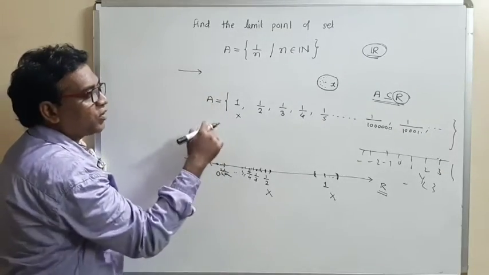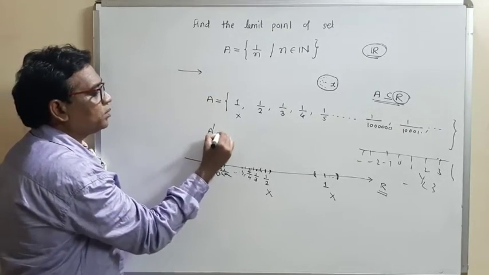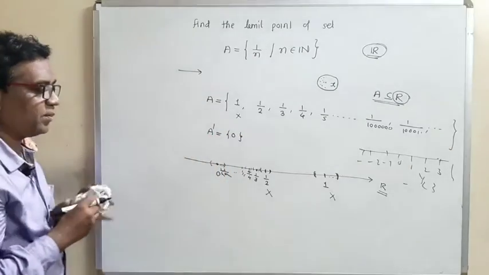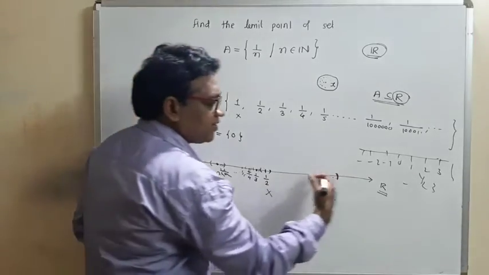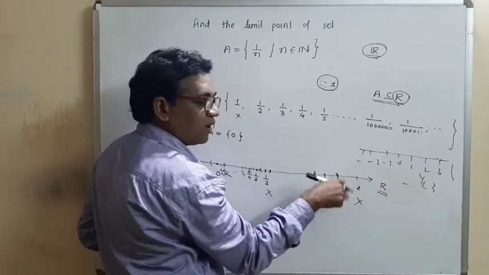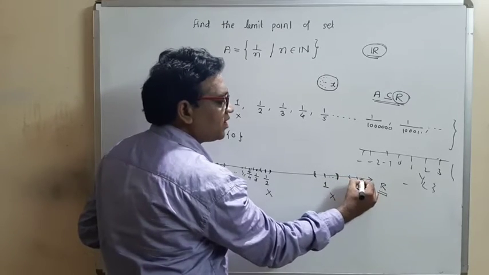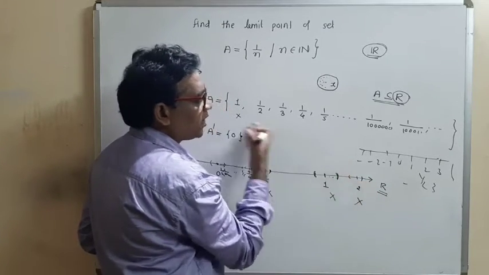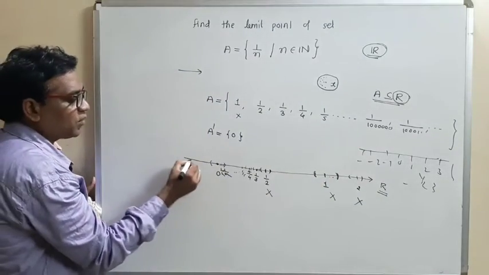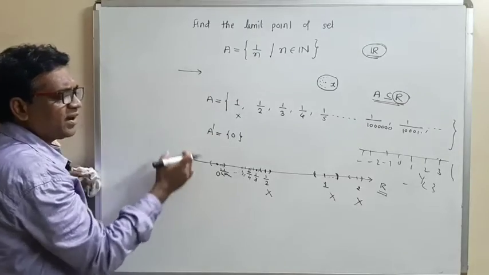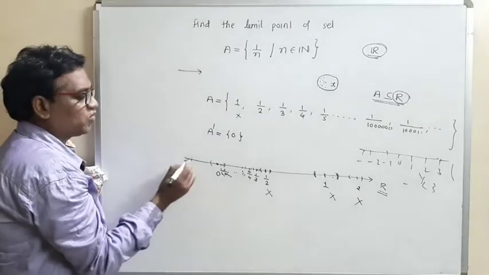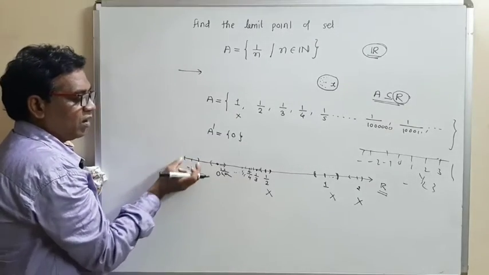So what are the limit points of this set? The limit point of this set is nothing but the singleton {0}. It contains just one element. Now suppose we take another element, x equal to 2. X equal to 2 is not a limit point, because if we consider this open sphere, it does not contain any point of A. If we take x equal to -1, we can take any real number, and this is the open sphere for this point.